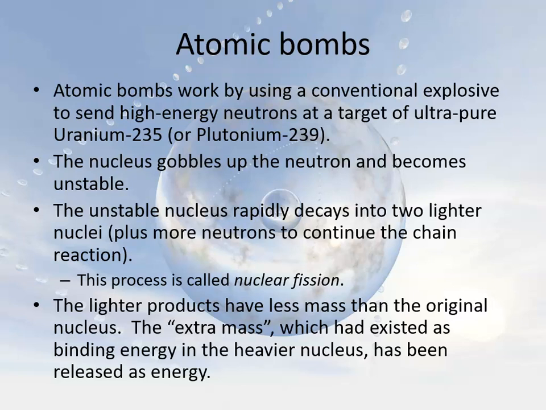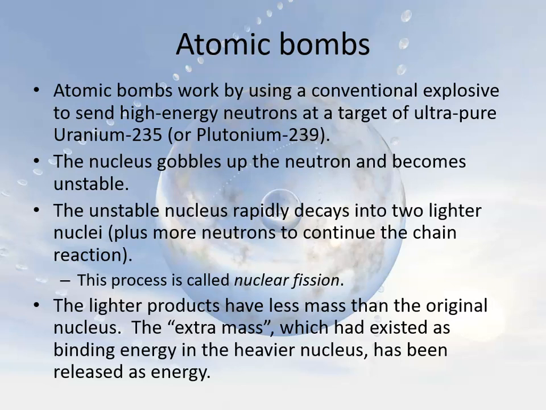Also, uranium-235 is kind of a special nucleus, because if you hit it with a high-energy neutron, it will temporarily become a very unstable uranium-236 nucleus before breaking apart into barium and krypton and extra neutrons, I believe. This process is what we call nuclear fission. And it so happens that the lighter products, that is the barium, the krypton, and the neutrons, have a slightly smaller mass than the original uranium-235 plus neutron.